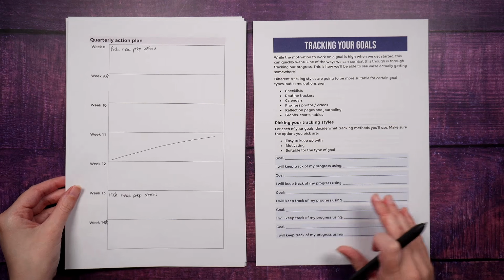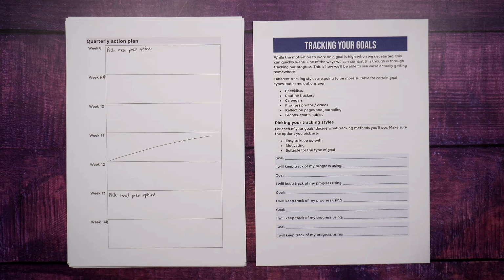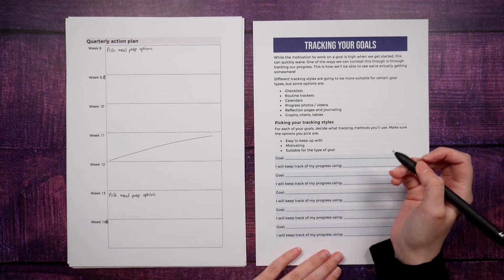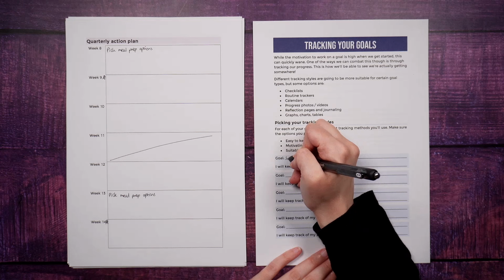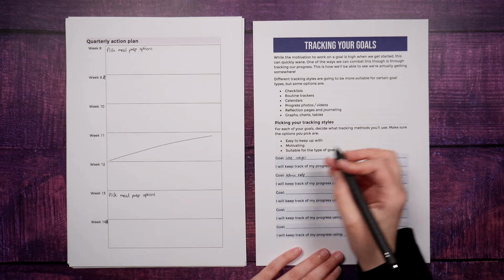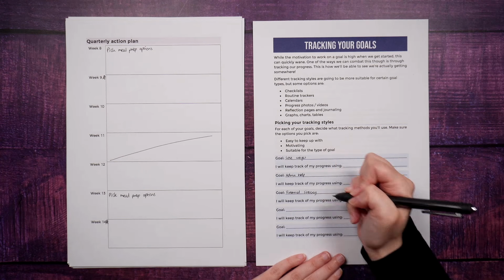Once you've got your action plans mapped out though, and when you're going to be doing what, the next activity is for tracking the goals. So how are you actually going to keep track of the progress you're making? How will you be able to say, yeah, here it is, pinpoint it, this is the progress I am making? So for the goals that I have set, first goal was losing weight, second goal was the admin help, and the third goal was financial literacy. And you can write them out as full goals, I'm just using the shorthand here.